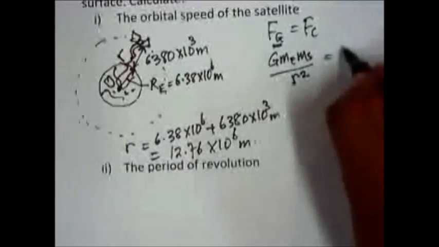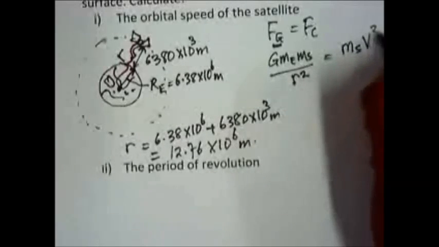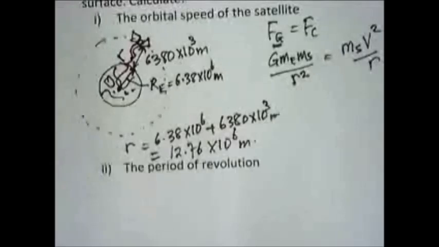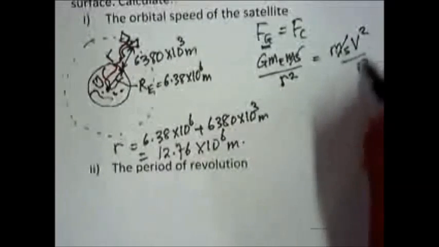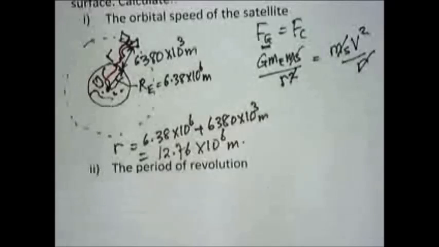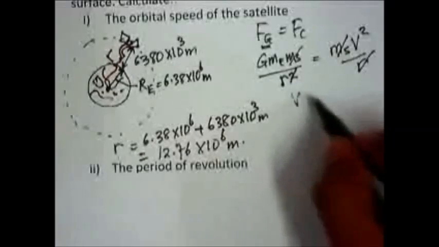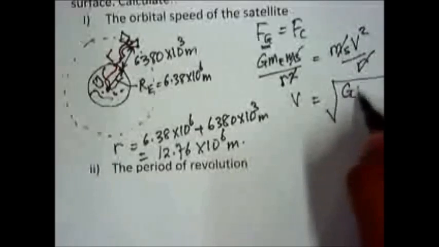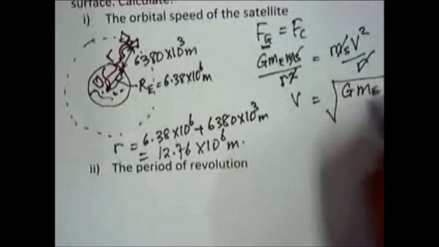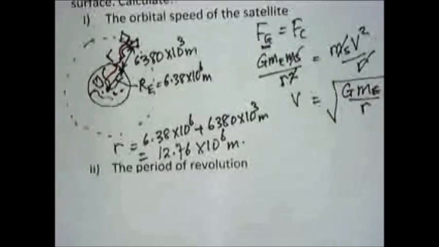is equal to mass of satellite V squared over R. So from here you'll see mass of satellite cancels out, and the radius cancels with one of the radius. Your V is equal to the square root of the whole thing, G multiplied by mass of Earth over radius.